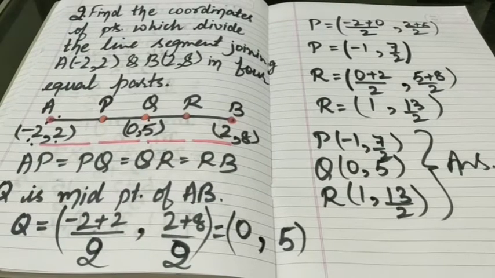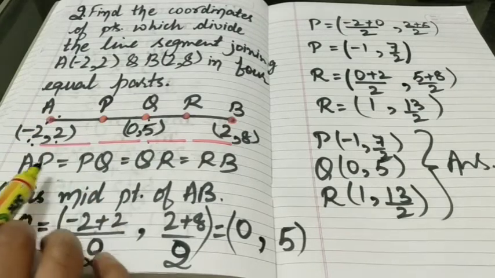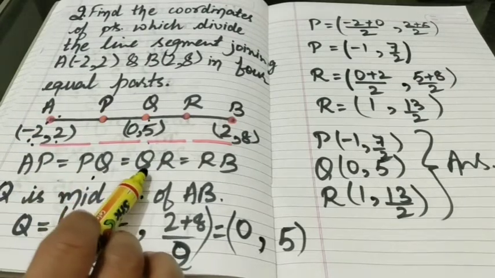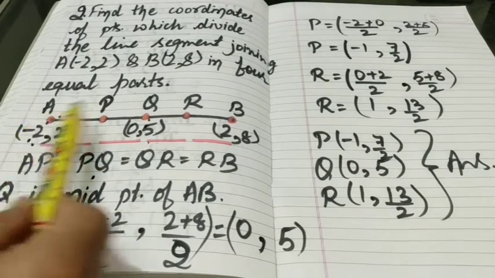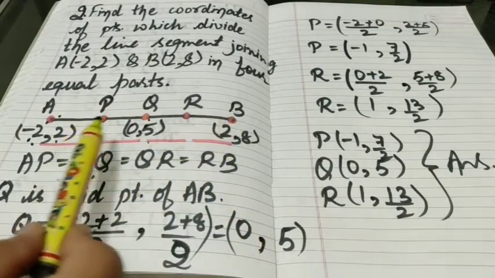Well students, there is one alternative way to do this question, that is by using the section formula itself. Since AP equals PQ equals QR equals RB, it is clear that point P divides line segment AB in 1:3.